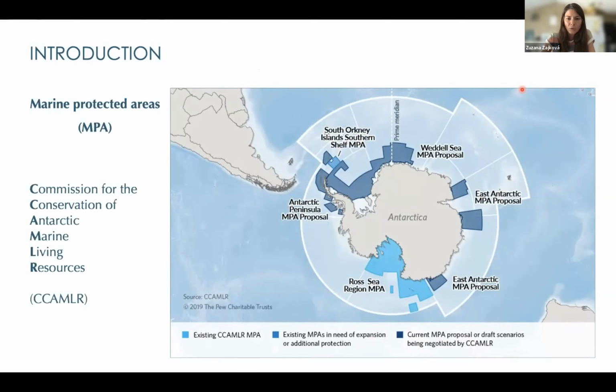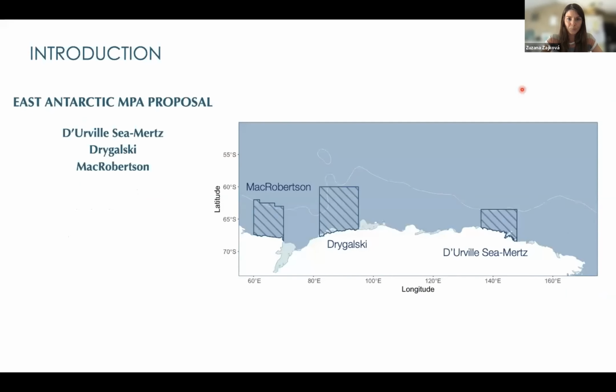Currently, there are two existing marine protected areas, one in the Ross Sea and the other one in the South Orkney Islands, and three proposed protected areas in Antarctic Peninsula, Weddell Sea, and in the East Antarctic. And in this talk, I would like to focus on the East Antarctic marine protected area proposal.